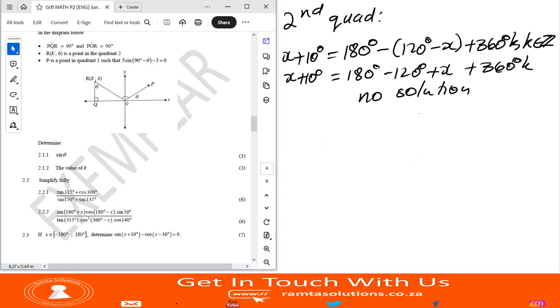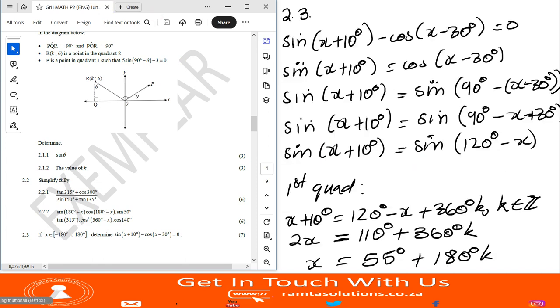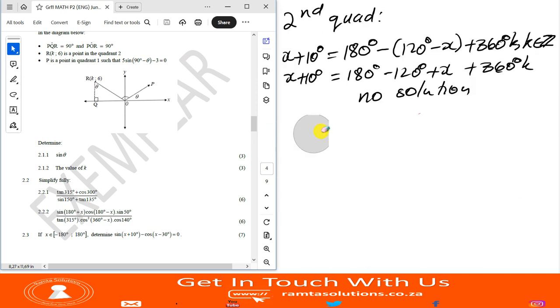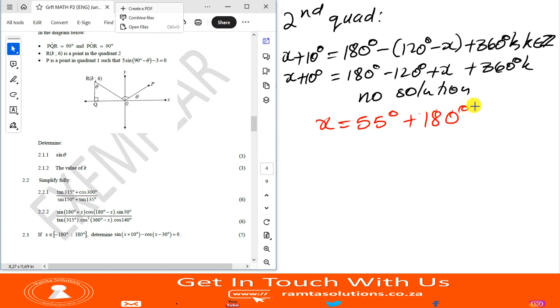So now, if I'm going back to that previous page, we had x equals 55 plus 180k. Let me write it in red as a reminder. x equals 55 degrees plus 180 degrees k. Guys, remember, they said you must find the values of x, but your domain is negative 180 degrees included to positive 180 degrees included.